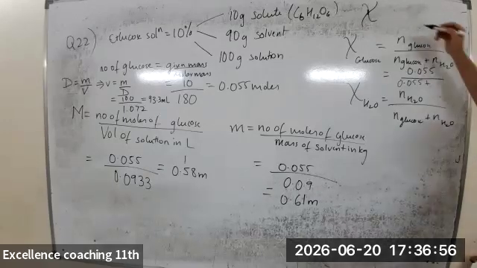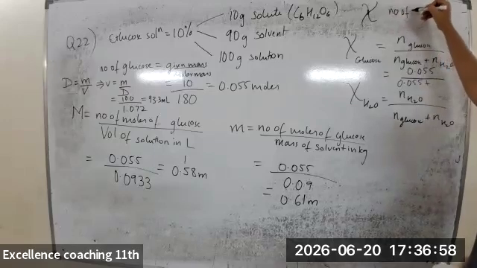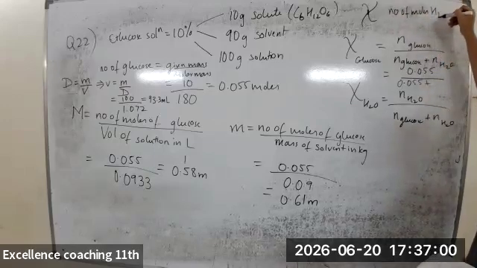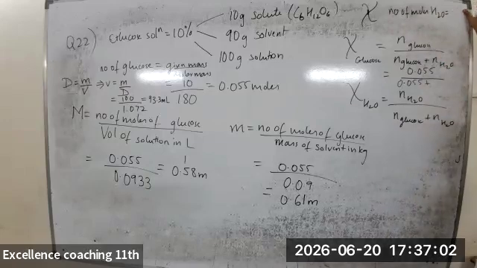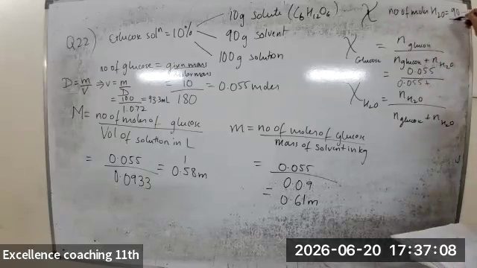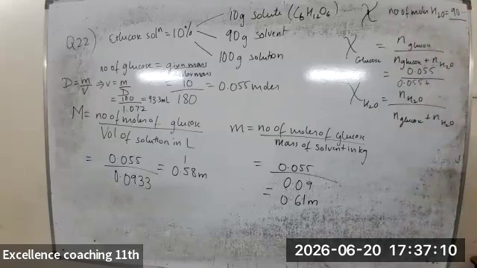Same thing I will use, right? For number of moles of water, it will be given mass upon molar mass. So what is the given mass? 90, right? Why did we take 90 and why not 100? Water. Yes, right. And down will be what? 18. So this will come up to 5.